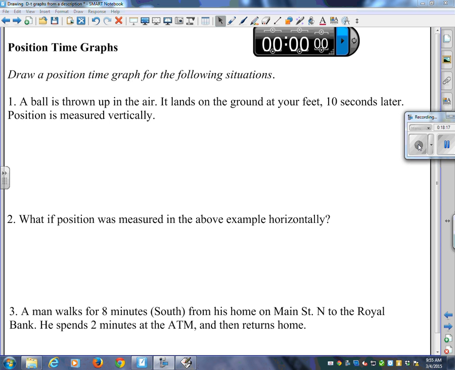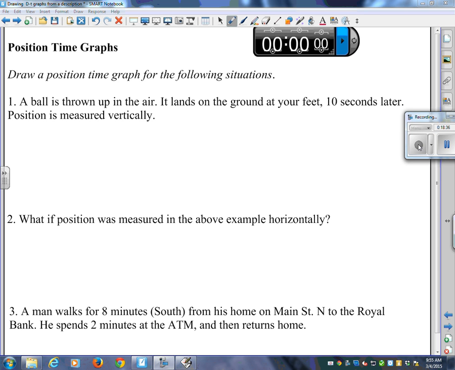Let's do these quick, and then you got a few minutes to finish up. A ball is thrown up in the air, it lands on the ground at your feet 10 seconds later. Position is measured vertically. In other words, we're measuring how high it goes. On the way up, the amount that it goes up should be slowing down, so it should be getting closer and closer together.